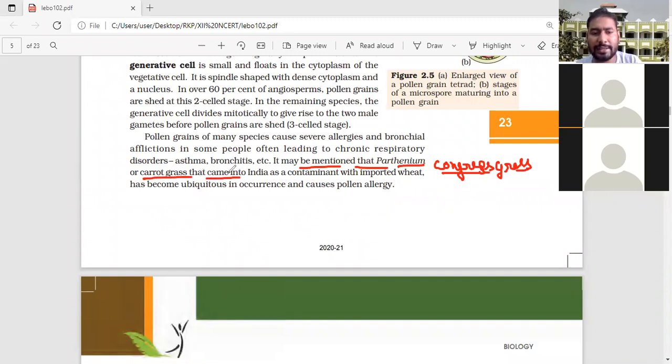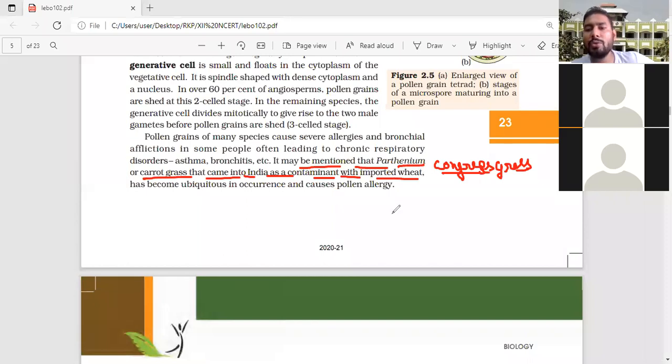It came into India as a contaminant with imported wheat. I told you, when we bought wheat grain from USA, along with it this unwanted weed, Parthenium or Congress grass or carrot grass, came to our India.